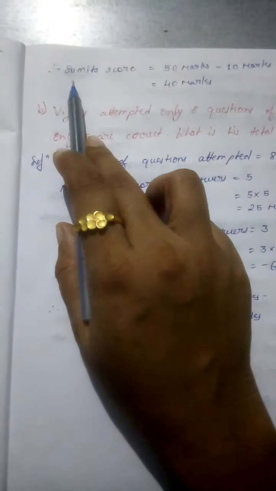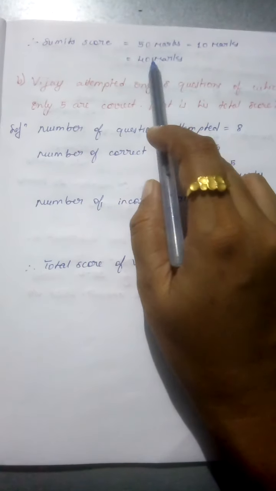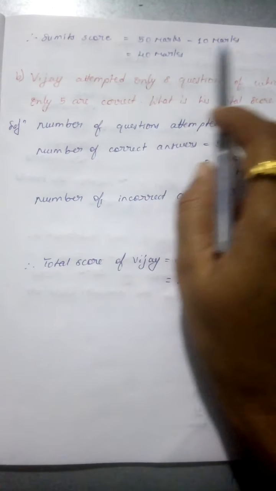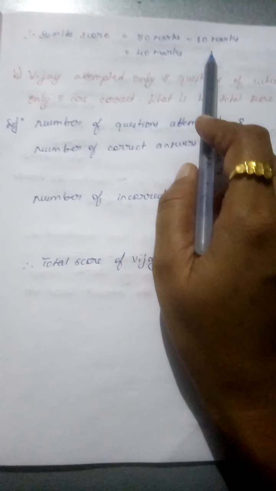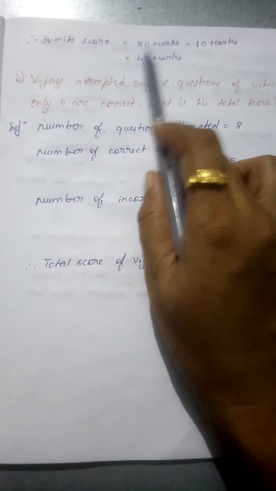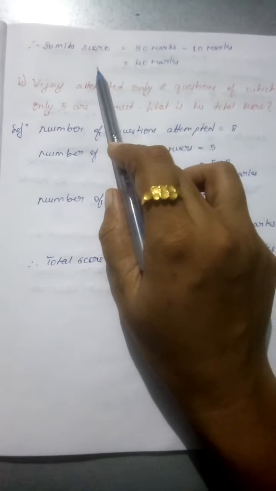Then what is his score? Therefore Sumit's score equals 50 marks minus 10 marks, 50 for correct answers and minus 10 for incorrect answers. 50 minus 10 equals 40 marks. So Sumit got a total of 40 marks.